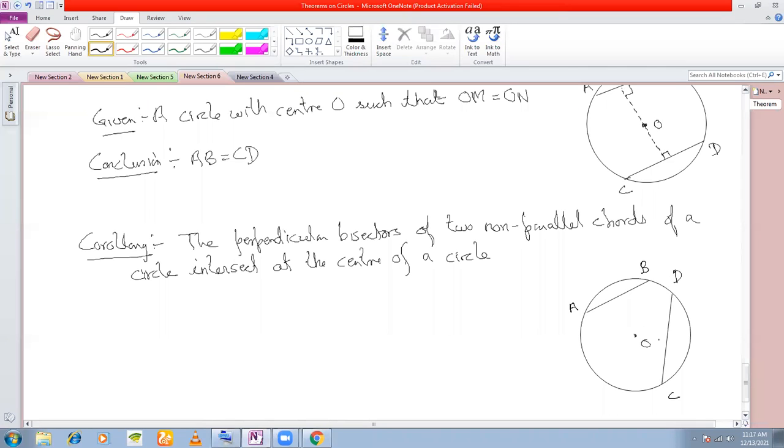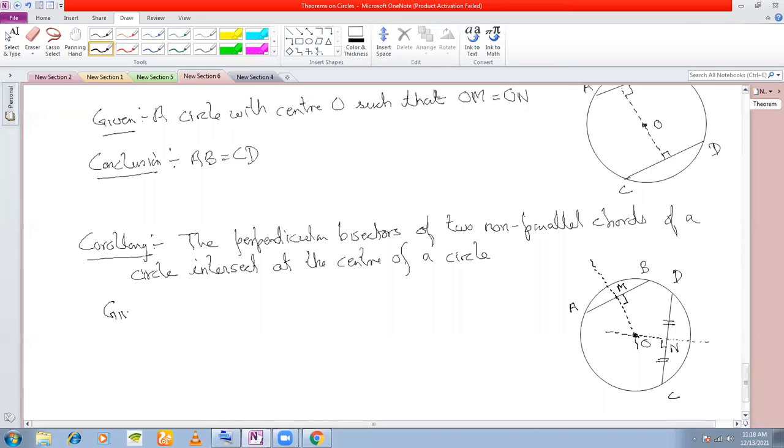And you have a perpendicular bisector of this chord. Let's call this point N. And you have another perpendicular bisector of this chord. Let's call this M.